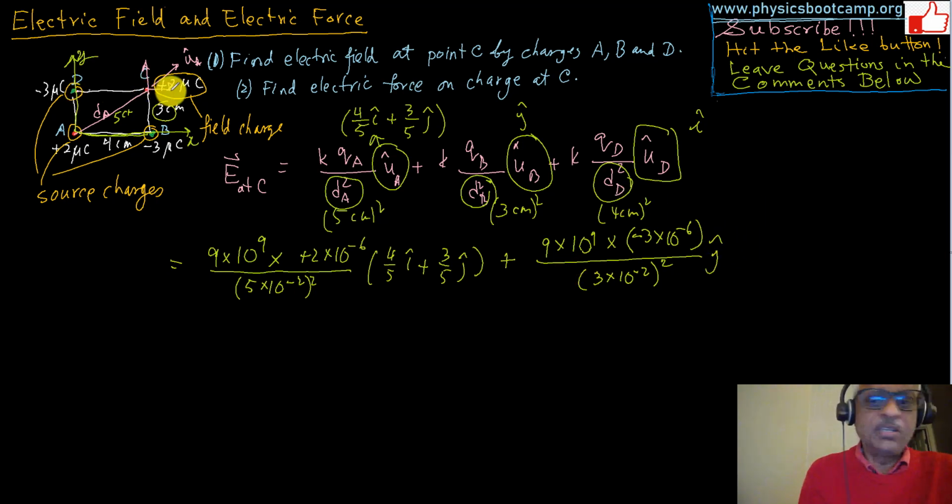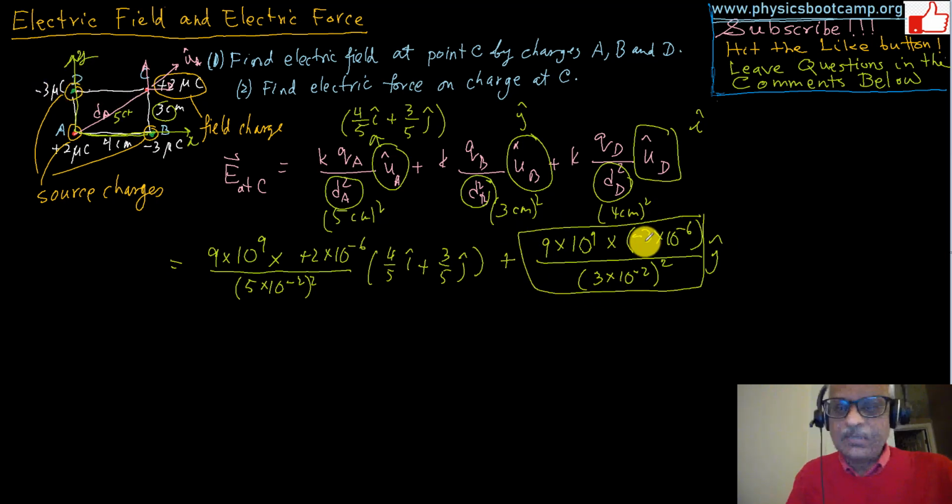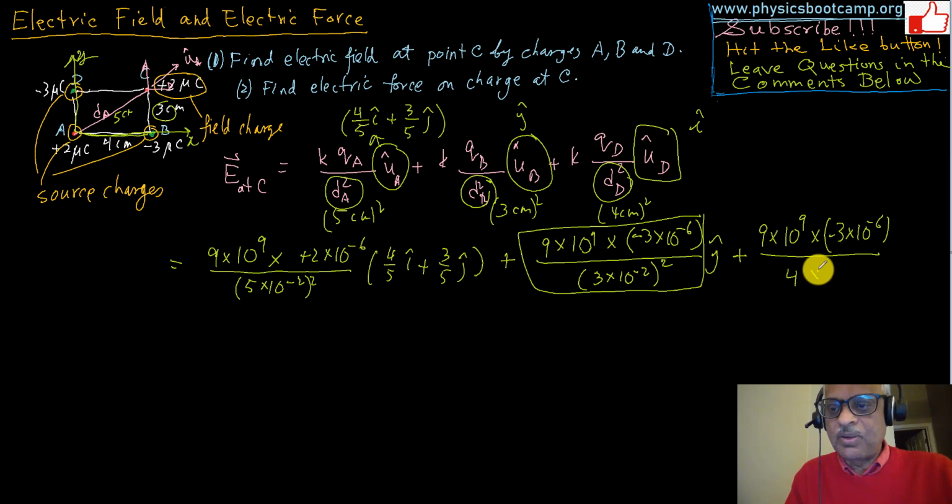And from here to here, this whole thing will be the same except this distance will be different. So let's write it down rather than jump too much: minus 3 times 10 to the minus 6, but this is going to be 4 times 10 to the minus 2 squared, and this is going to be I hat.